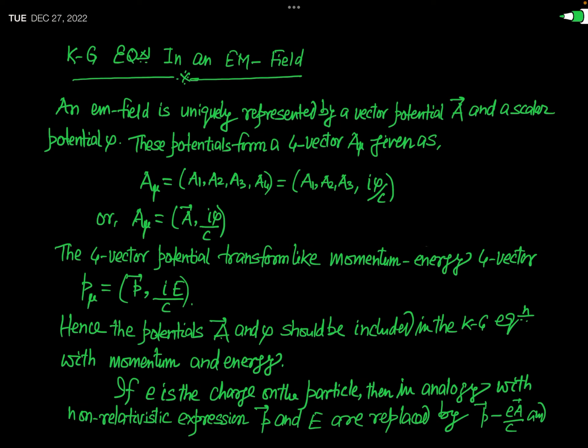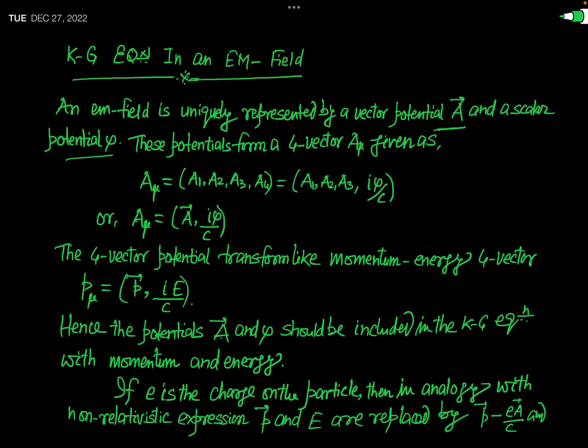The first one is called the vector potential, denoted by the symbol A, and the second potential is called the scalar potential, denoted by the symbol phi.